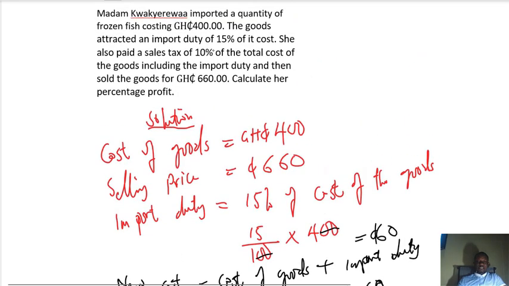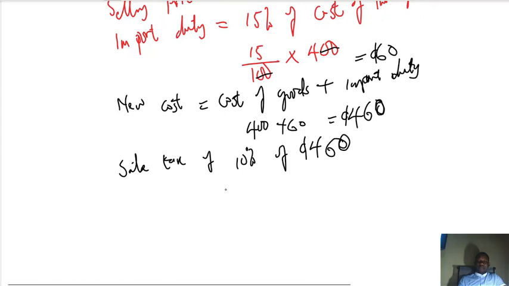Because the question says she also paid a sales tax of 10% of the total cost, and the total cost of the fish was 400 Ghana cedi, including the import duty. So here we have to add the import duty we got to the total cost of the item, so that we find the 10% she paid on it.